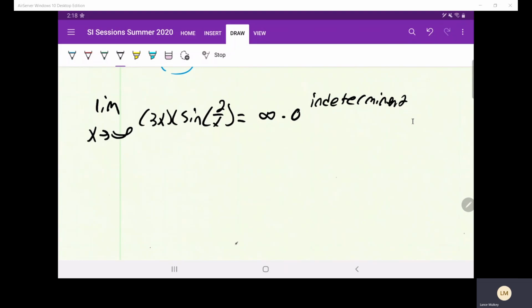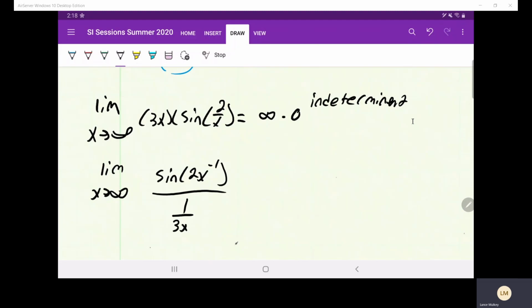Well, what we can usually do is rewrite it as the limit as x approaches infinity of sine of 2 over x over 1 over 3x.